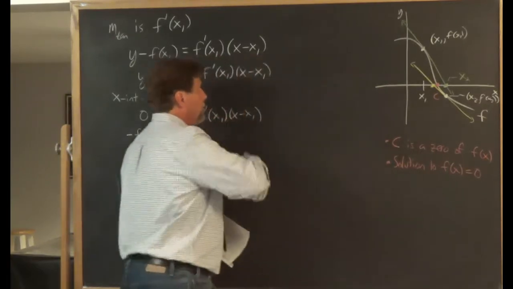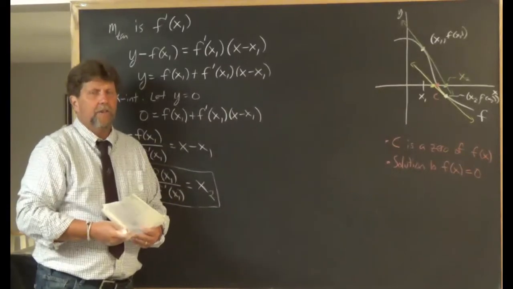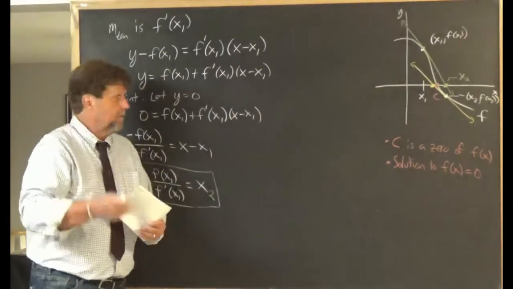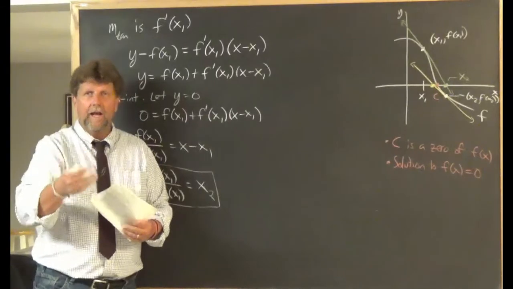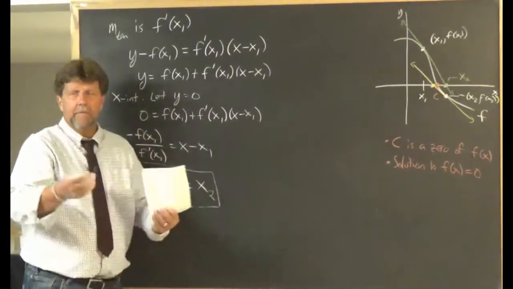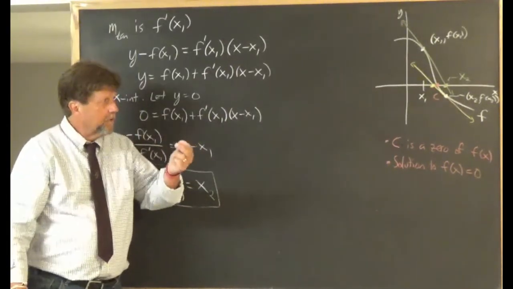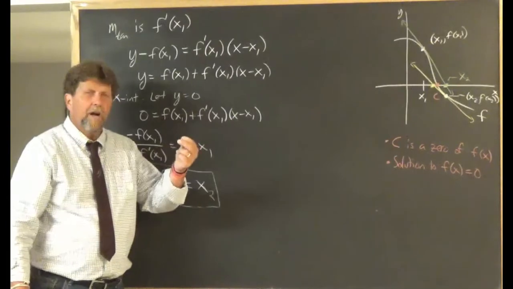So if we go through the process of getting the equation of that tangent line, which I would say would be a good activity for you to do, I'm not going to go through this process again, but you could. You need to get the slope of the tangent line. Well, the slope of the tangent line would be f prime of x sub 2.